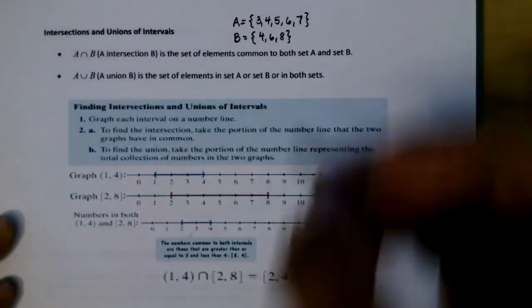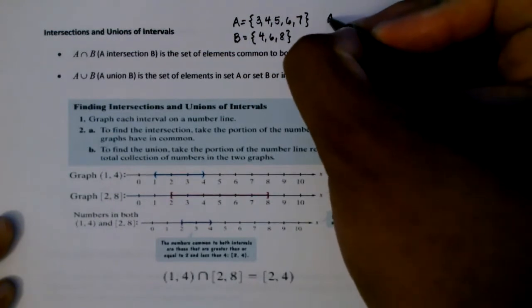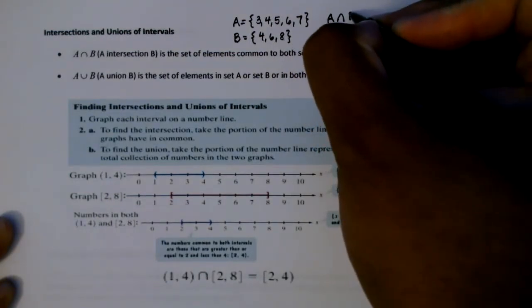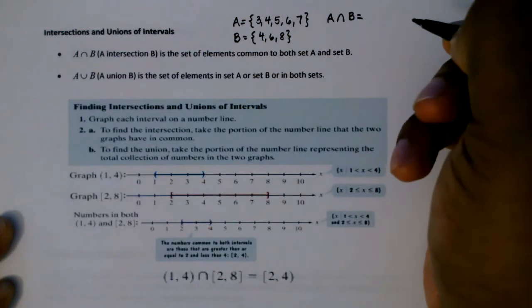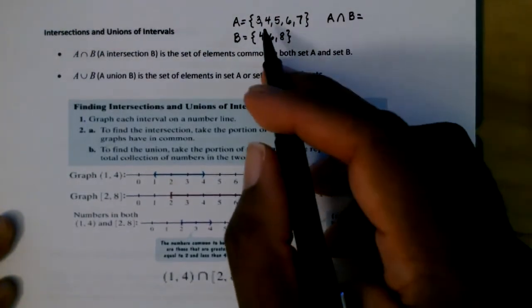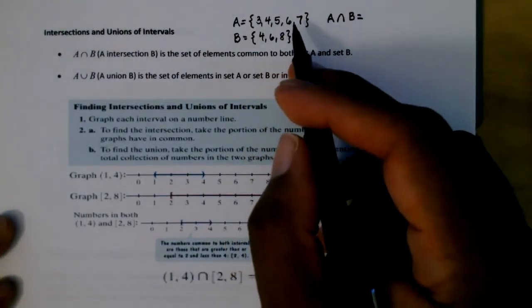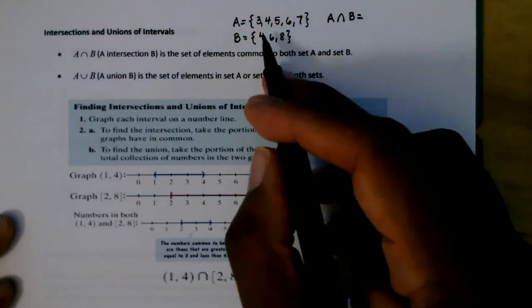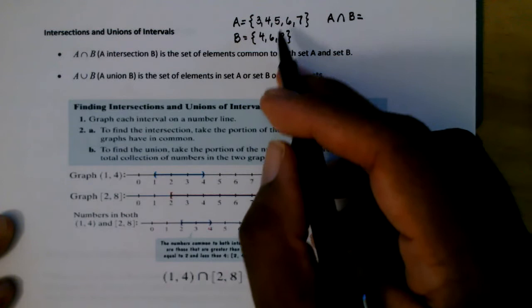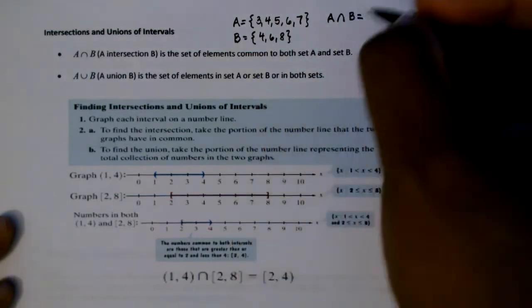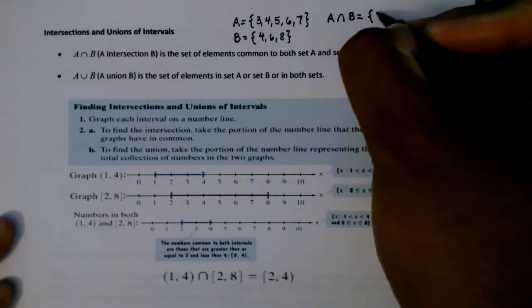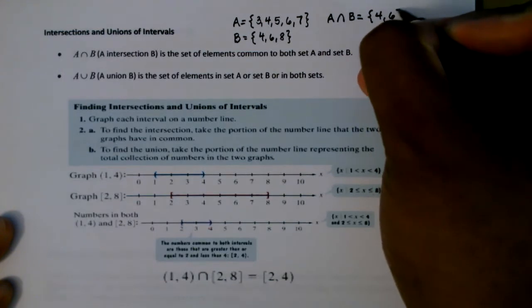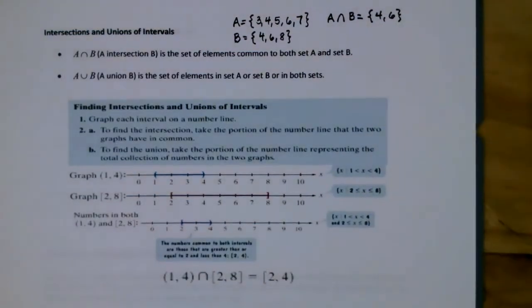Okay. Now, if I wanted to find the intersection of A and B, I want to find out what elements are in both A and B. And if you look at it, 4 is in A and B, and also 6 is in A and B. So the intersection of A and B would be the elements 4, 6.